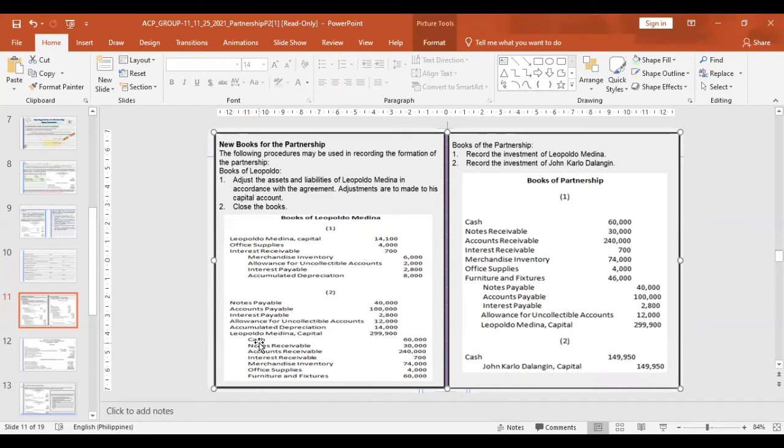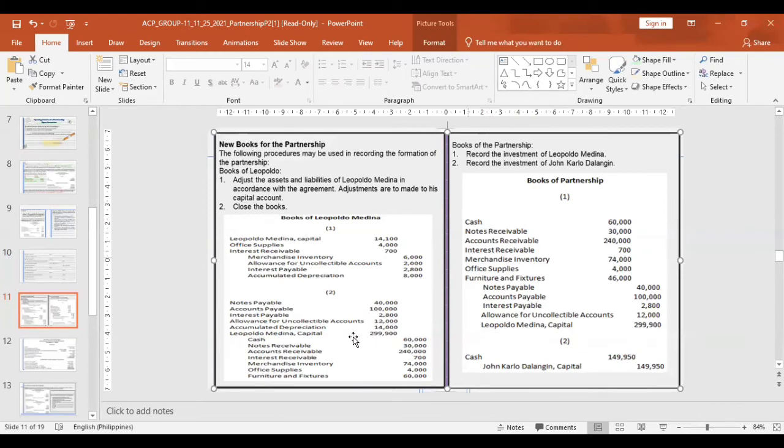Then, i-credit yung mga asset mo. Tapos, pagkatapos nun, magre-record ka na dun sa libro ng partnership mo. So, ito, cash. I-record mo lang din, pabaliktarin mo lang din yung ginawa mong pag-close. So, pagdating sa libro ng partnership, baliktarin mo lang din ulit.